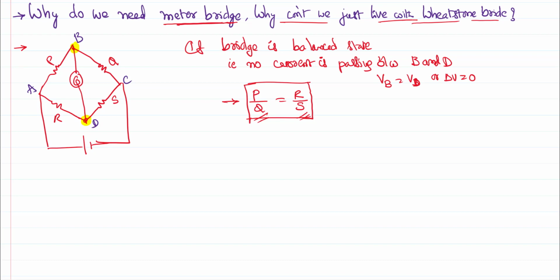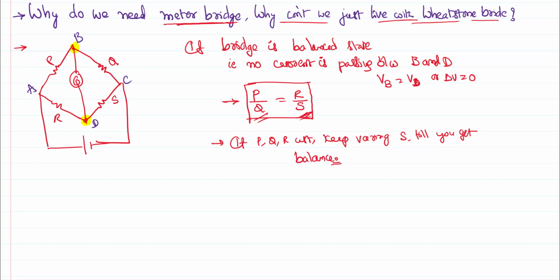Of course, changing all 4 is practically difficult, so you keep P, Q, R constant, keep varying S till you get the balance, or vary any of the resistors to get the balance.